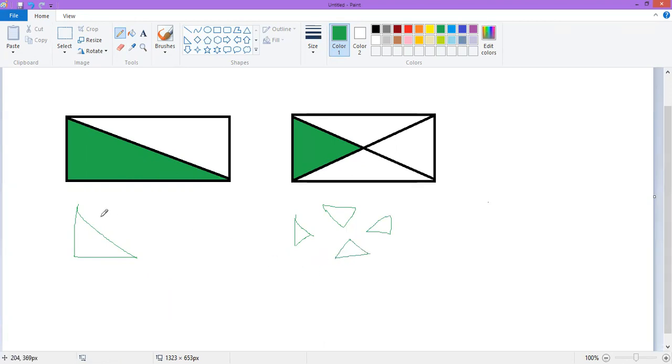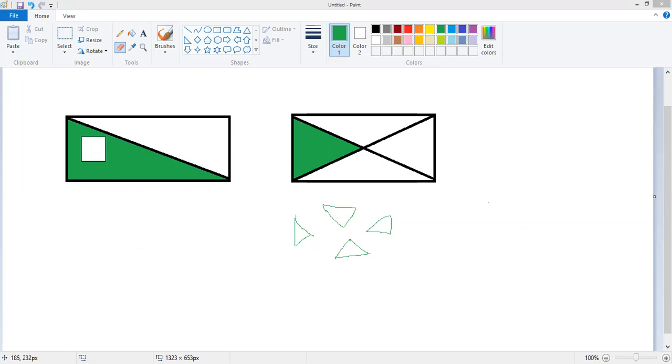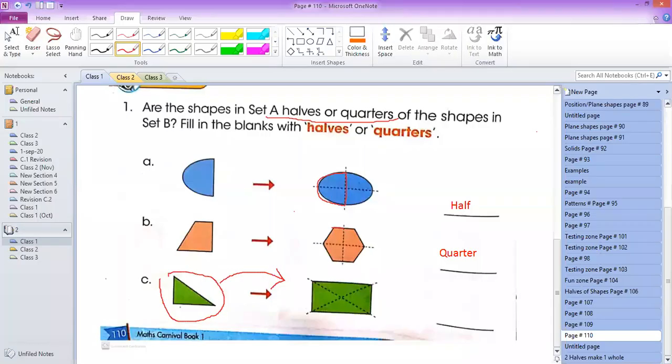So you can easily see that, guys. Now you can easily tell me if it is half or quarter. Yes, sir. Half. Half, because you can see this green portion, and coming to the book again, look at this one.